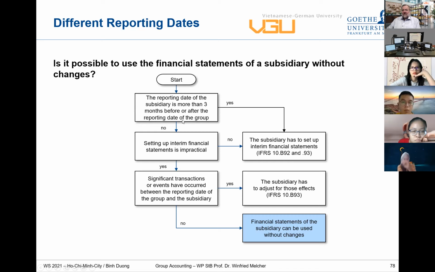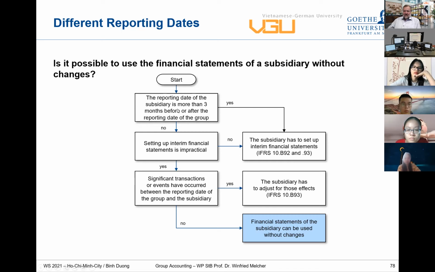So if that is a yes, then the subsidiary has to set up interim financial statements. So they have to set up financial statements for that date when the consolidation is done.